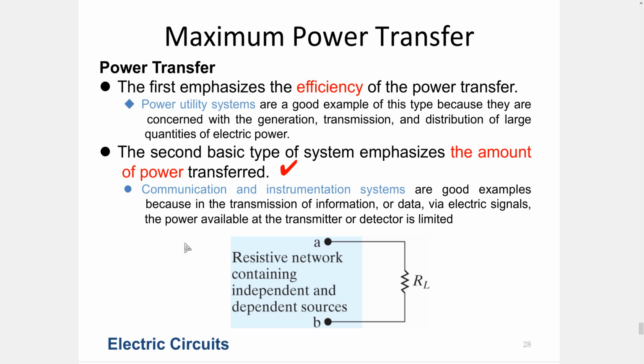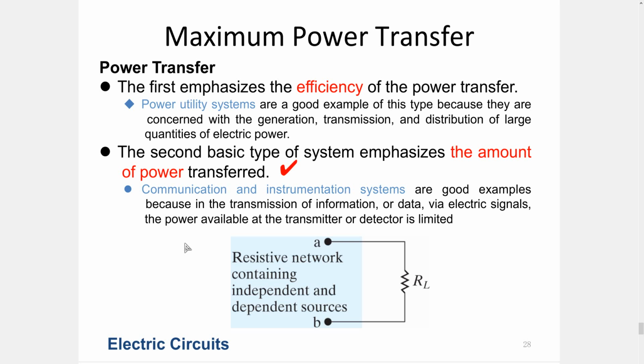This is especially important for power utility systems that we use to power up our cities. You know, dams generate electricity, and long wires, in excess of thousands of kilometers, carry this energy to cities, and then it is applied and used in the city. So we don't want to lose a lot of power for heating up the wires.